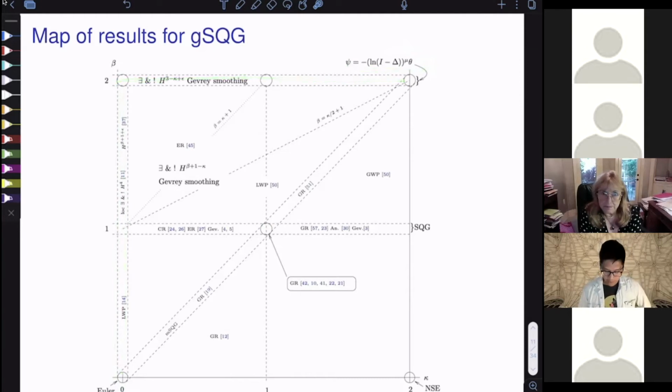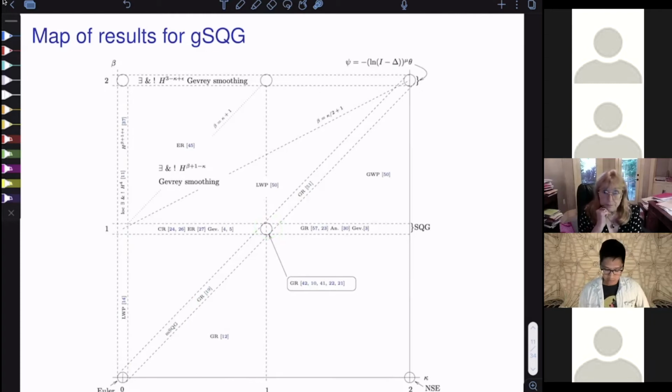So let me point out what some of the known results are. Along the critical line, in particular this very center, there was a series of seminal works by Caffarelli, Vasseur, Kiselev, Nazarov, Volberg, Constantin, and Vicol, where they gave all different proofs of the global regularity of the critical SQG equations.